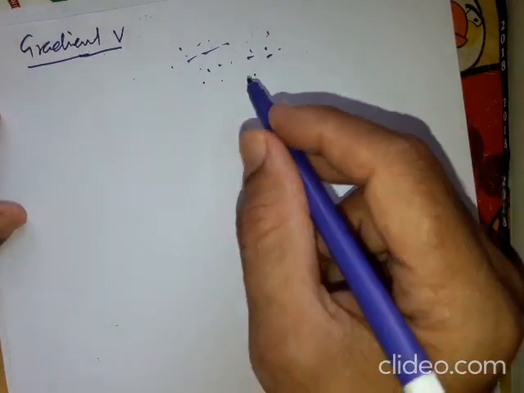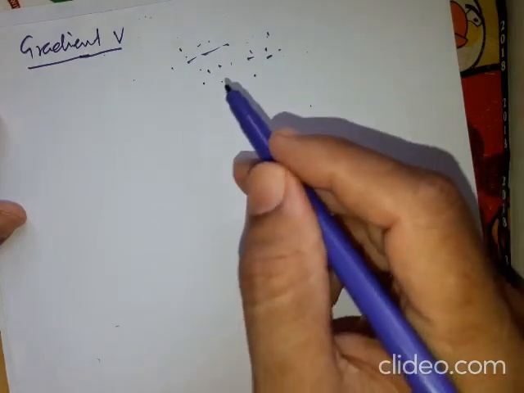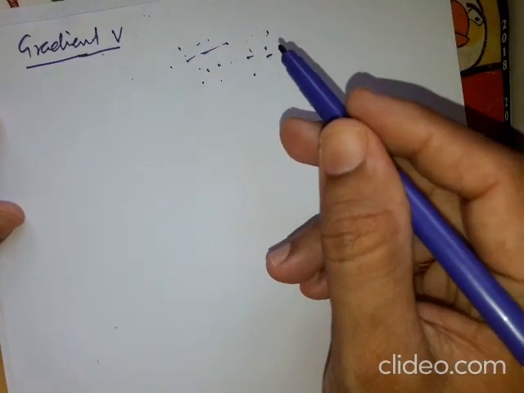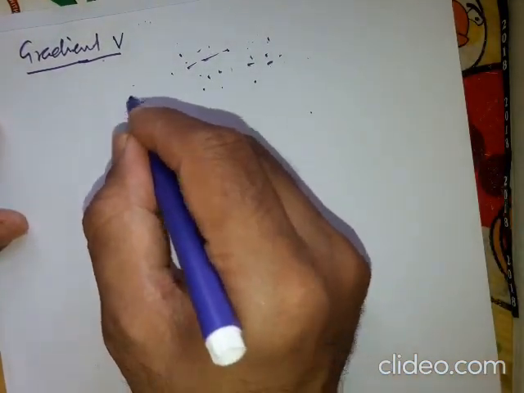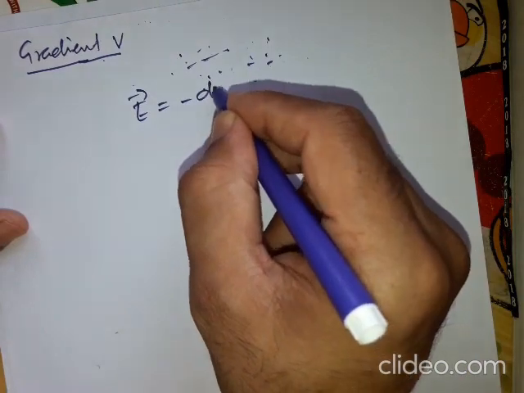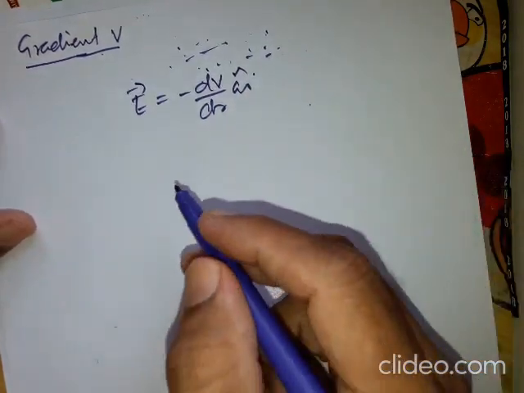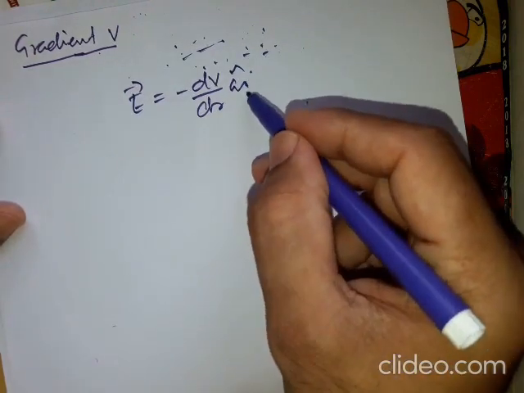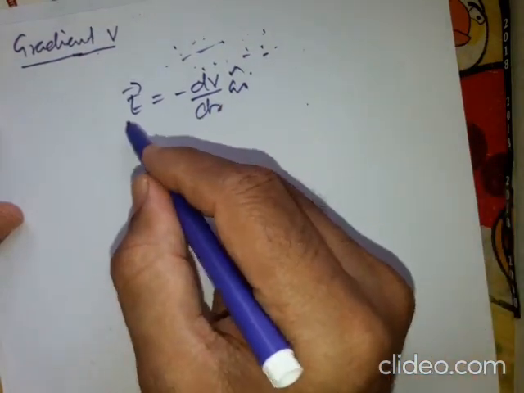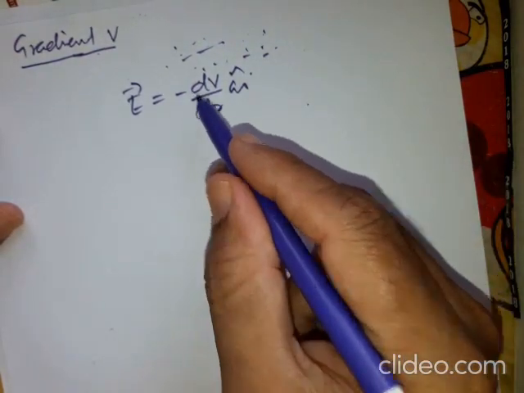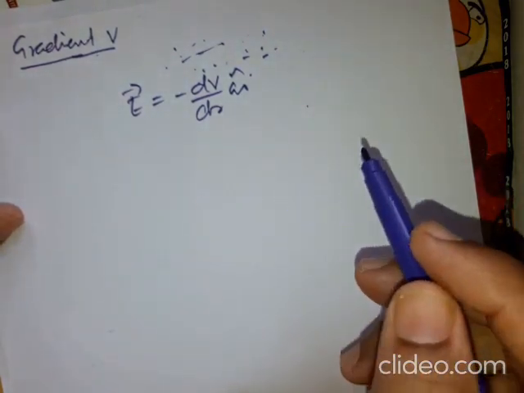That's why the rate of change of electric potential with respect to distance tells the intensity of the electric field. So the electric field can be written as minus dV by dr into AR cap, where AR cap is a unit vector along the vector E, and the minus sign indicates that the electric field is always directed along the decreasing electric potential.